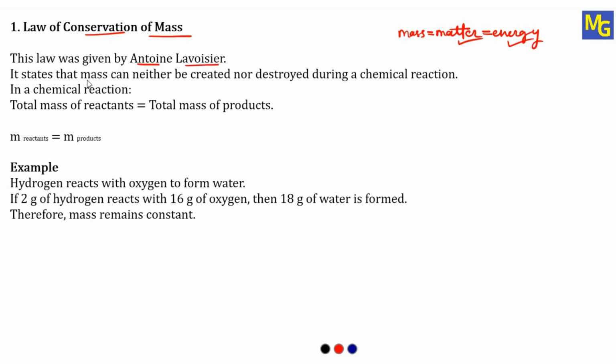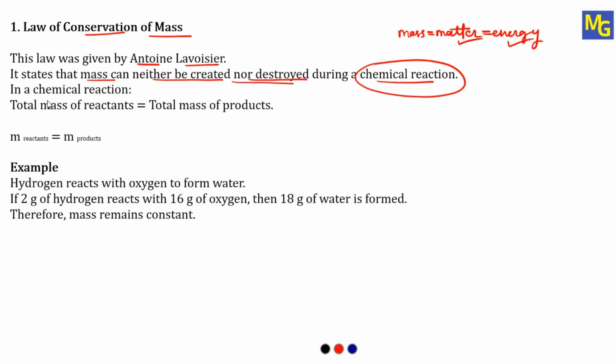It states that mass can neither be created nor destroyed during a chemical reaction. So what the law says is a very simple statement. Whenever a chemical reaction takes place, whatever mass, matter or substance we have will neither be created nor destroyed.